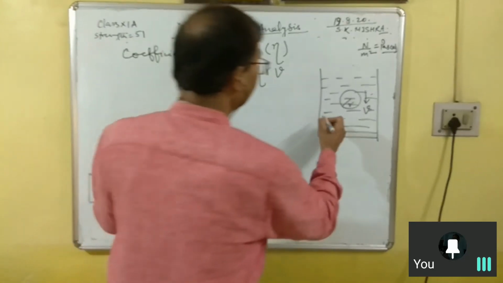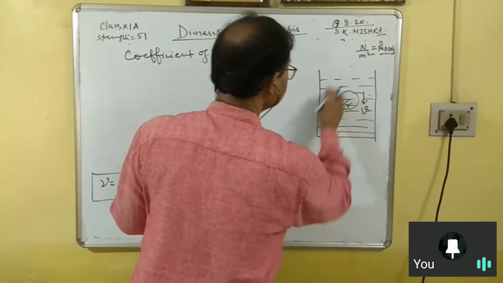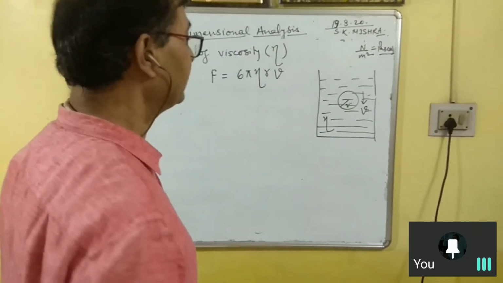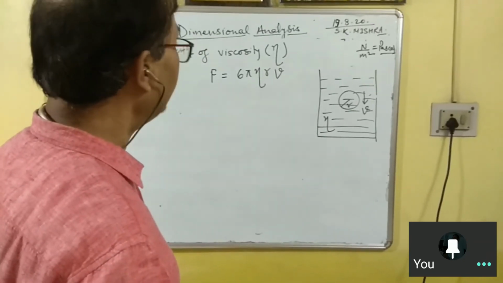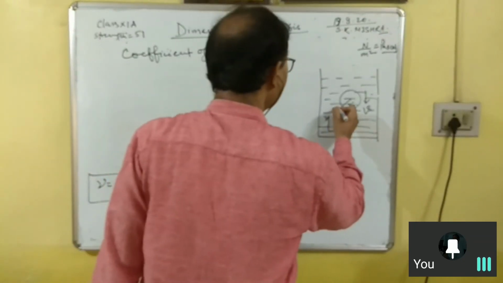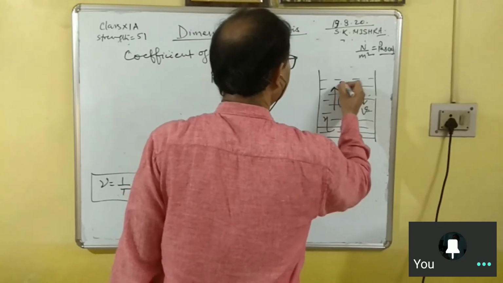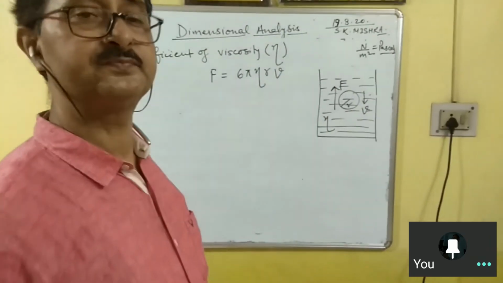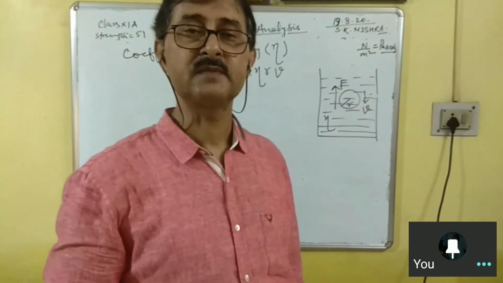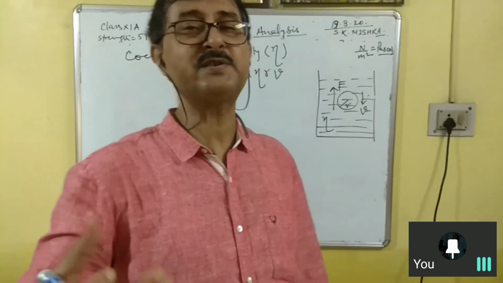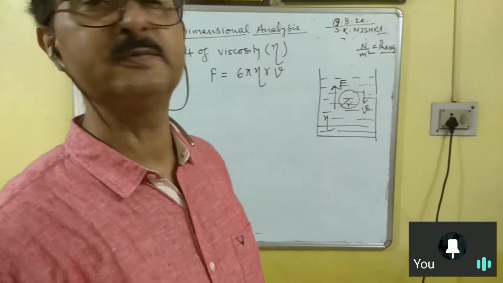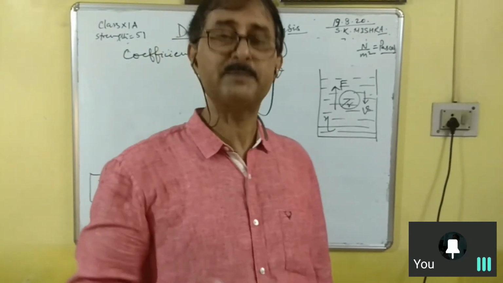Eta is the coefficient of viscosity of this liquid, r radius, v velocity, and F is the viscous drag force, nothing but liquid friction, fluid friction. And a fluid is nothing but something which can flow. Air is a fluid, water is a fluid, something which can flow.